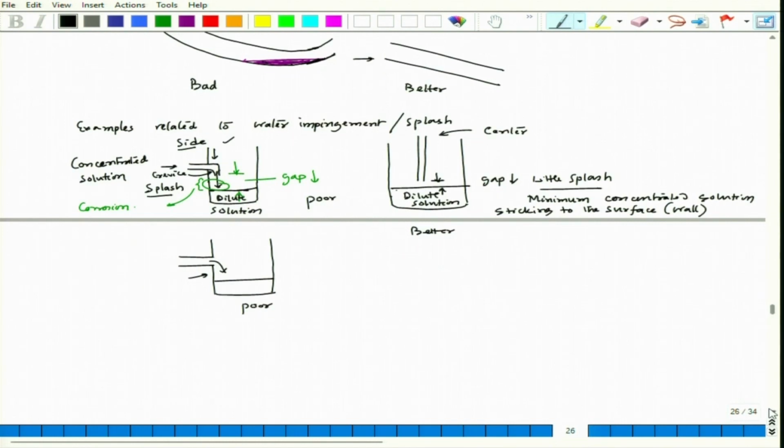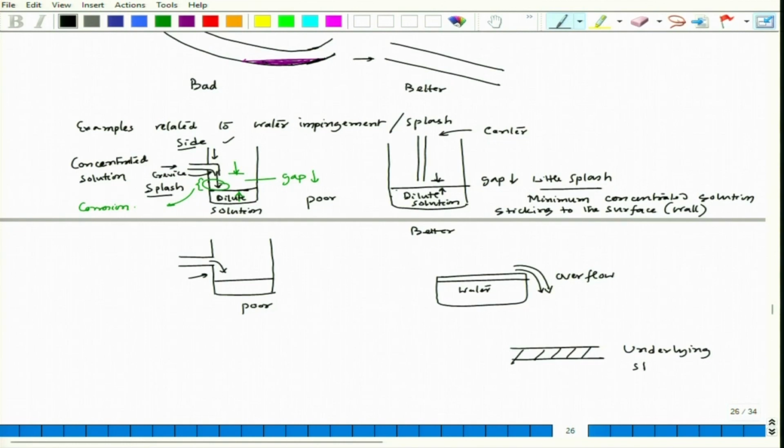Okay. So, that way one can actually avoid impingement as well as splash in a situation like this. There could be issues of splash. For example, if there is overflow, there is a tank and fluid or water, let us say, is stored, and if the water goes on top of the tank, it can overflow, and if that overflown water falls on underlying structures, let us say this is my underlying structures, this water can impinge over this particular structure, and if it is a metallic structure, that can lead to erosion corrosion again.